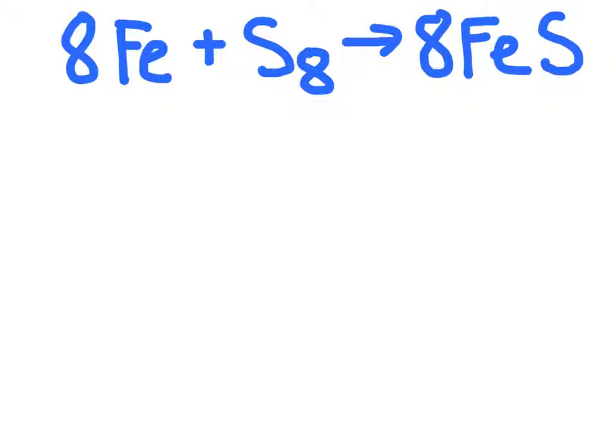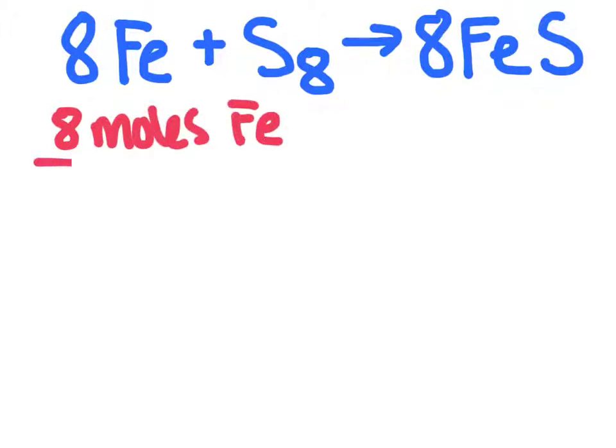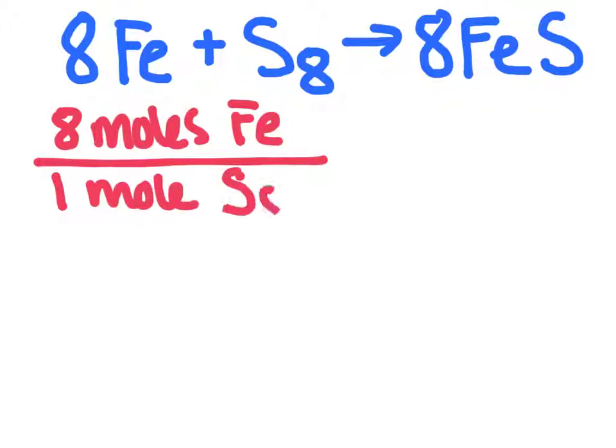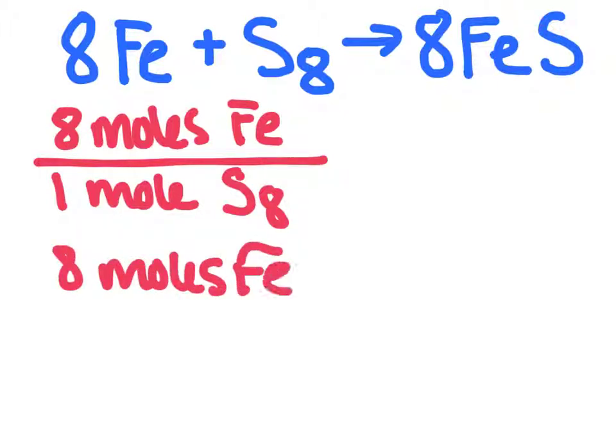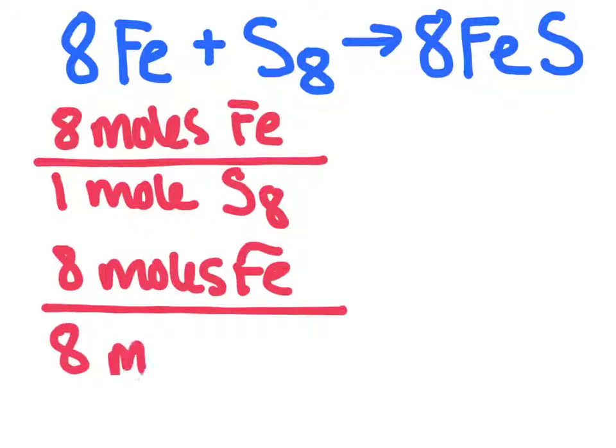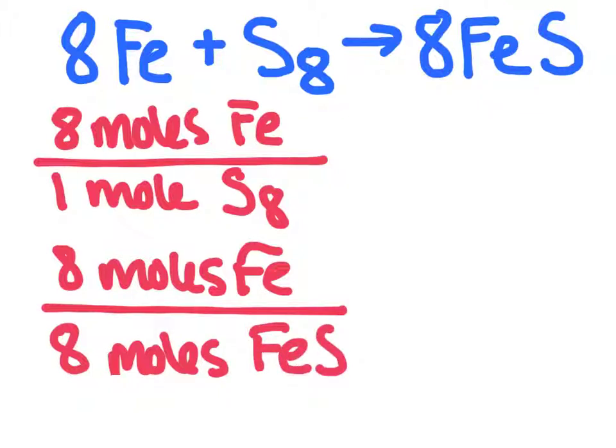All right, I'm going to give you some answers. One possible mole ratio is for every 8 moles of Fe, there's 1 mole of S8. Another ratio could be for every 8 moles of Fe, there are 8 moles of FeS.